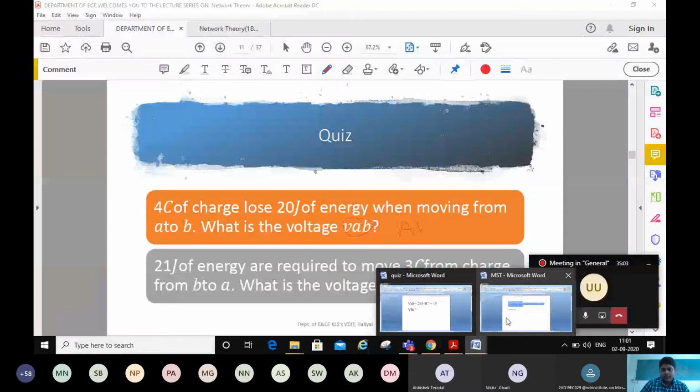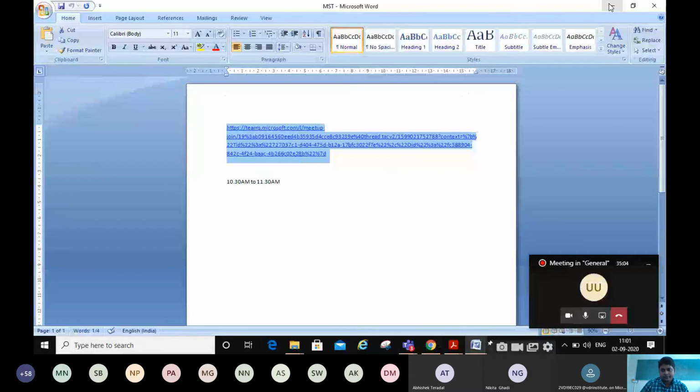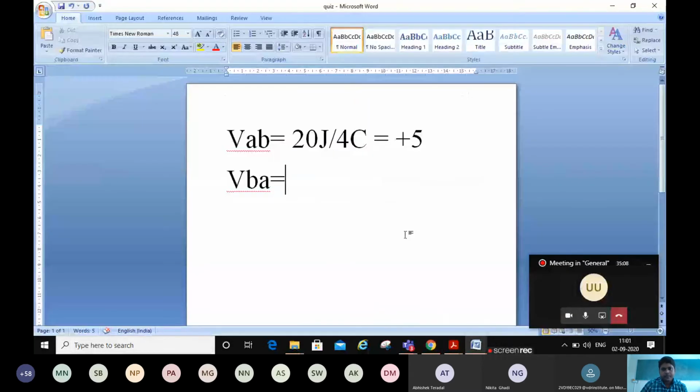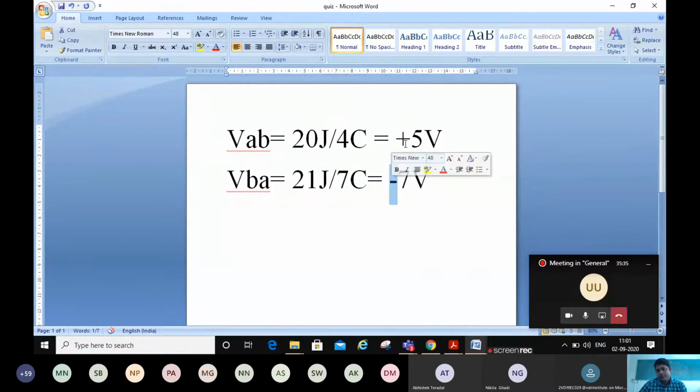So if you calculate the voltage, 21 joules divided by 3 coulombs will be -7 volts. Just check out these polarities. Think about this. I will let you know by tomorrow. So why it is +5 and why it is -7.